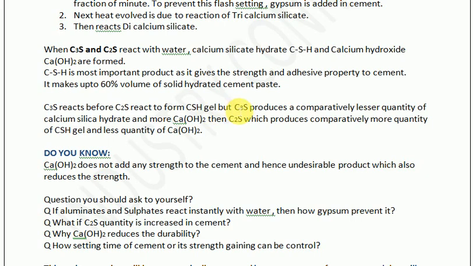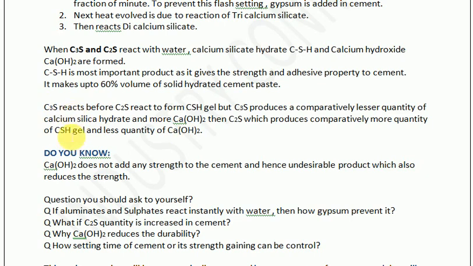But tricalcium silicate produces a comparatively lesser quantity of calcium silicate hydrate and more calcium hydroxide than dicalcium silicate, which produces more CSH gel and less calcium hydroxide. So it's very important to understand these three sentences here.